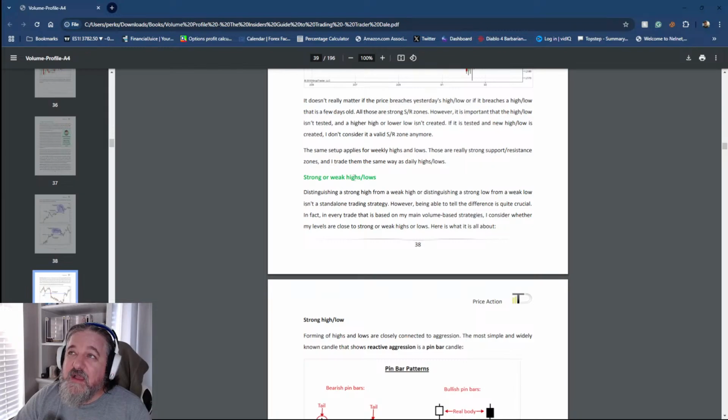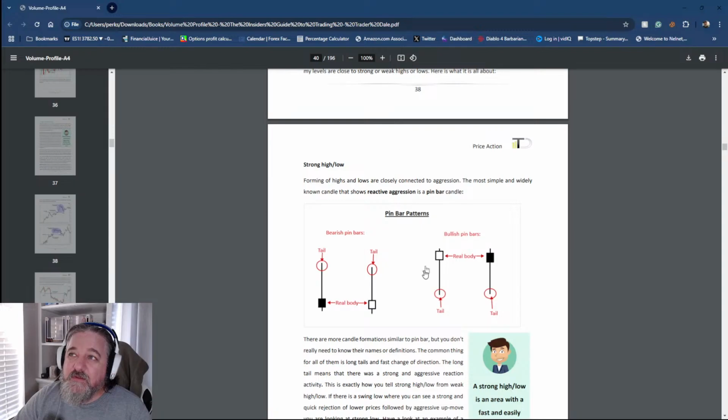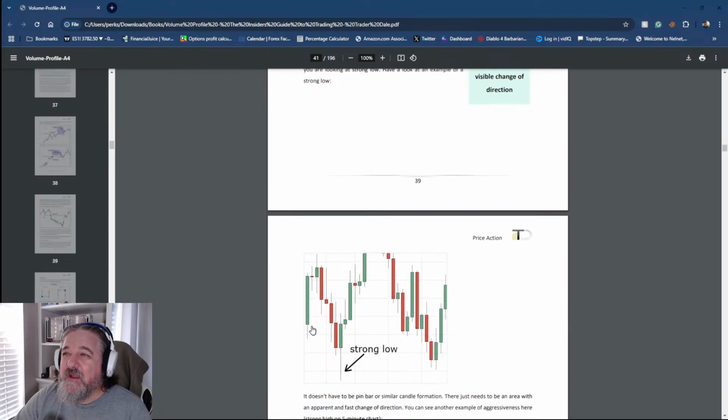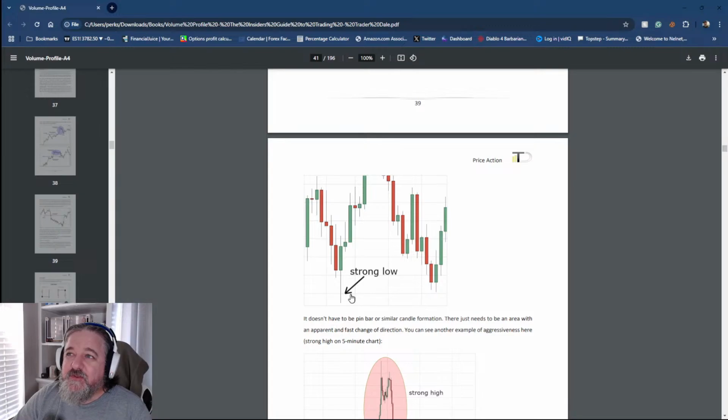Strong highs, lows, or weak highs, lows. This is something that you want to learn, and we'll talk about that a little bit later. So this is a strong low where price came down and then we got a really strong reaction from there, right? This would be a weak low where we came to here, tapped this level, bought it back up, and then came back down to it again, and then went.